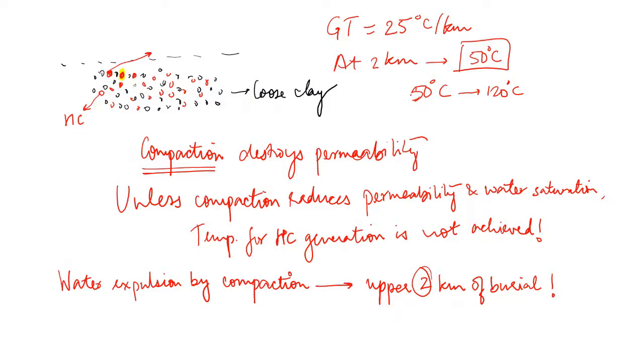The temperature for generation of petroleum is achieved only after the water expulsion by compaction has happened, that is, loss of water saturation. Now, these two are unrelated, but we can relate them by the geothermal gradient and the depth of the compaction.